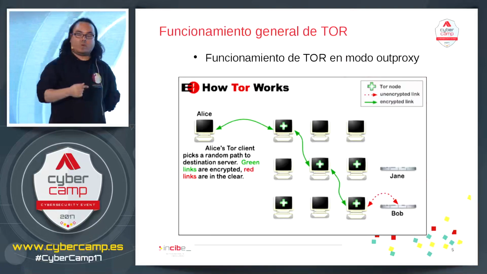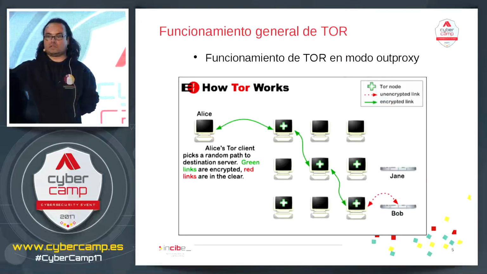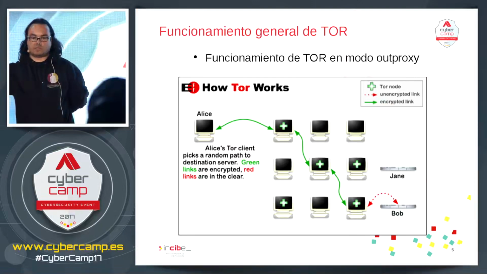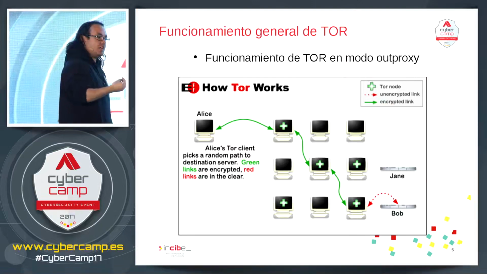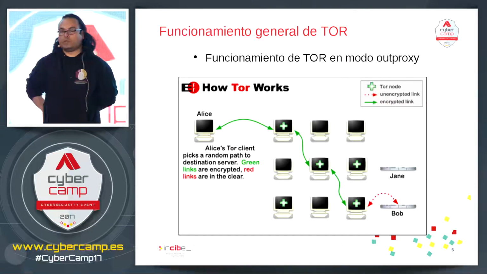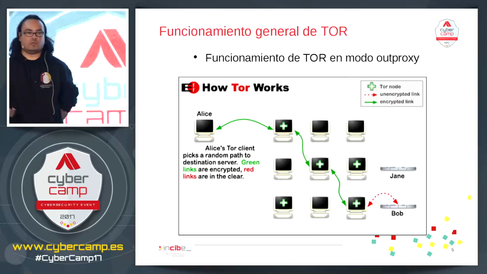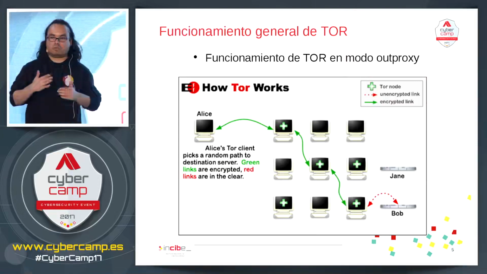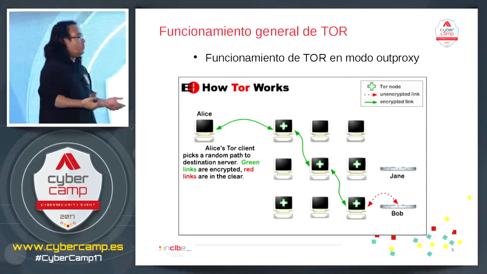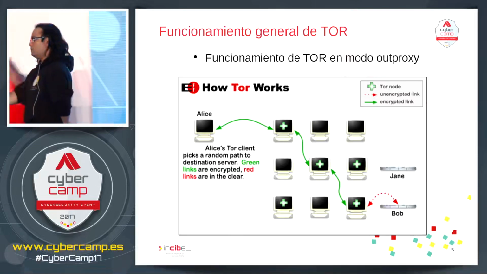The advantage is that the output node removes the last encryption layer of the TOR protocol and sends the package to the destination. So if we don't have an additional layer to the one that TOR provides, we're going to be in trouble because the packages are going to travel in plain format. Todos sabéis, ¿vale?